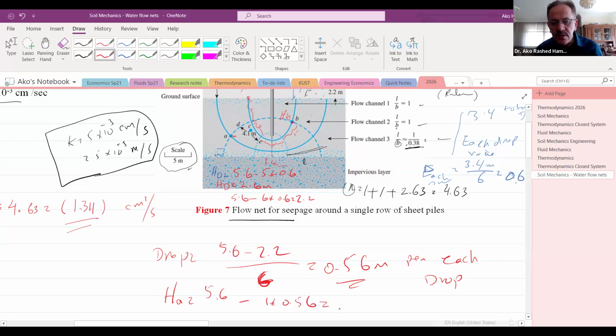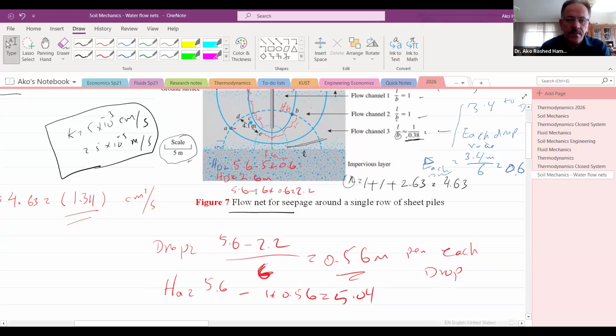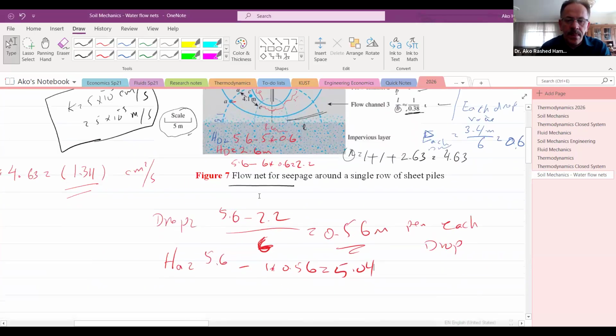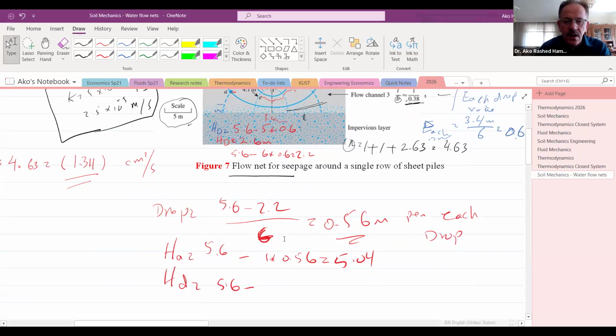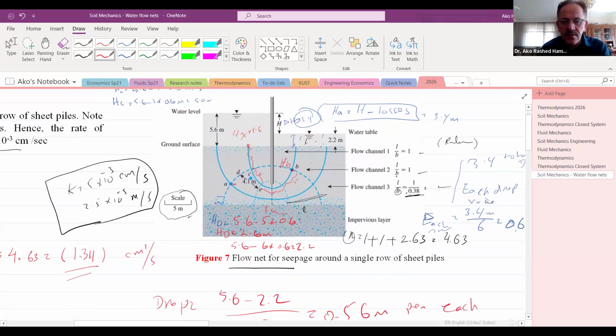So 5.6 minus 0.56 is equal to 5.04. Now, the pressure at D is equal to 5.6 minus how many drops to get the value of D?